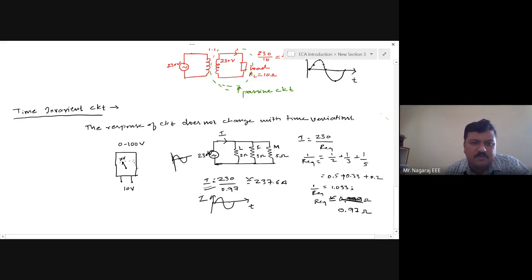If the voltmeter is proper, it shows 10 volts. Tomorrow I will go and apply 10 volts, and tomorrow also it will show 10 volts. This property is known as the time invariant property.